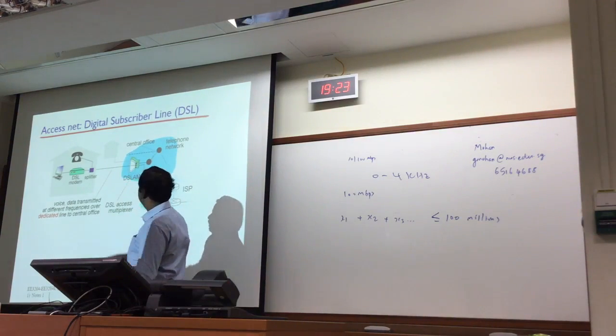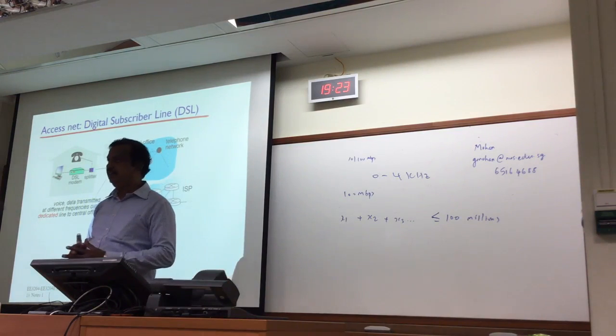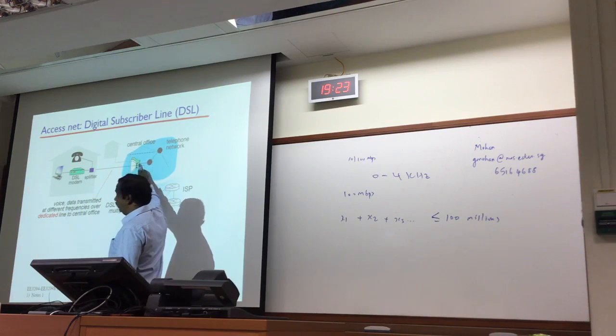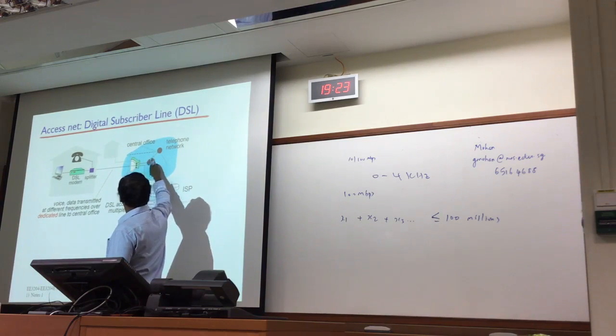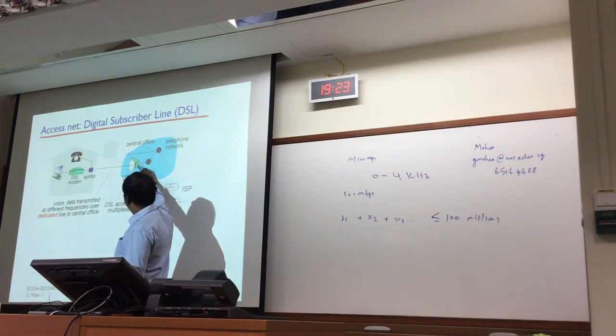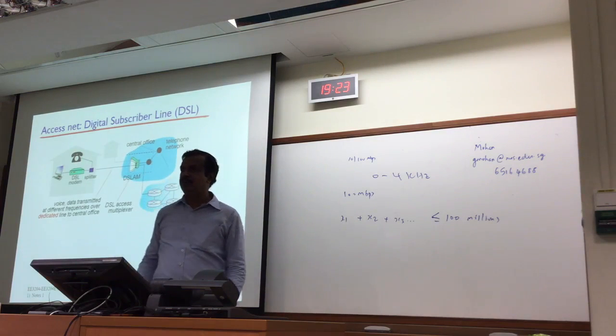Now it has to separate the voice and data. Earlier it was not that. Now voice signals will be separated here by the multiplexer, and the voice frequencies will be sent to the telephone network, and the data frequencies will be sent to the service provider network.